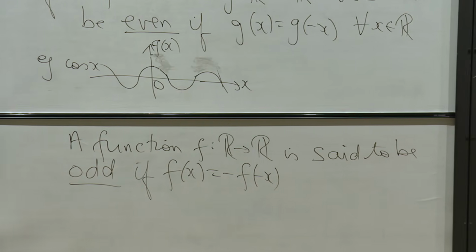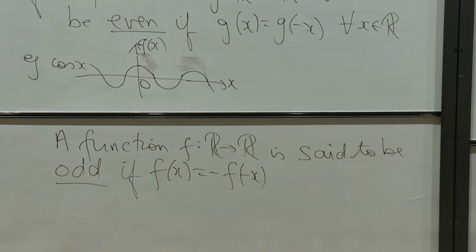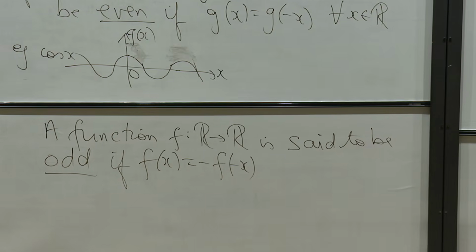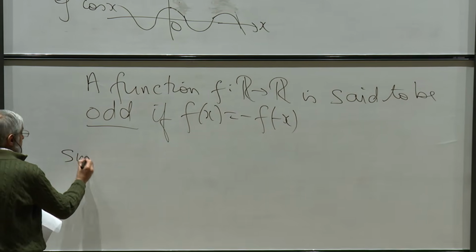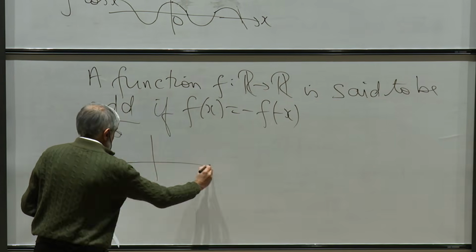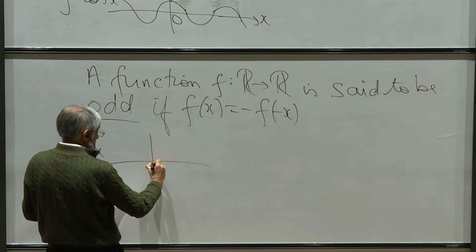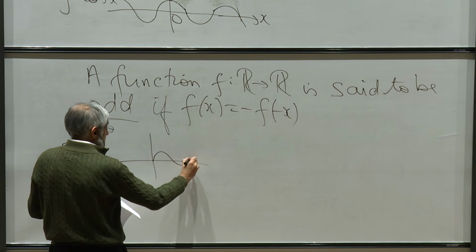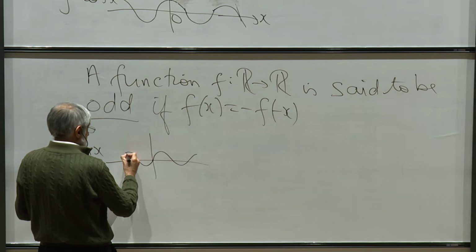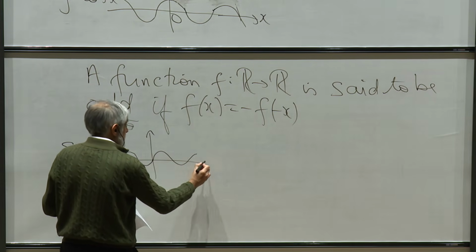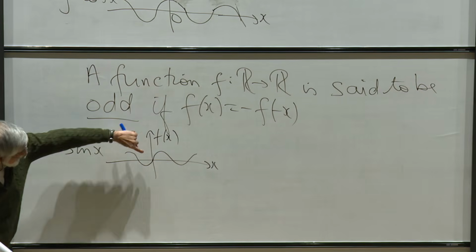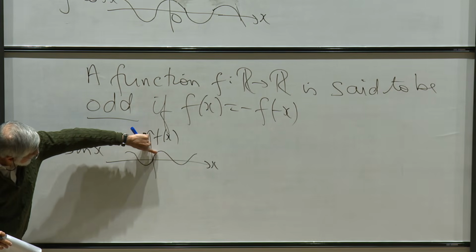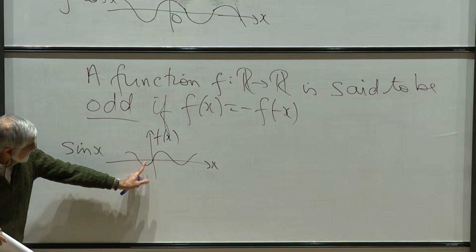So for example, x cubed, that function would be odd. And we did last time sine x. Remember, sine x looks like that and goes on. And so you see here, if I go to minus x, it's negative.